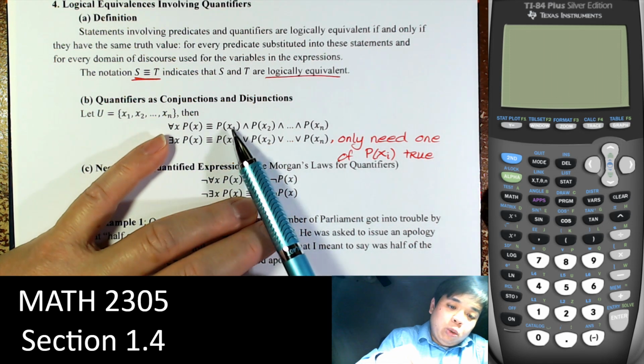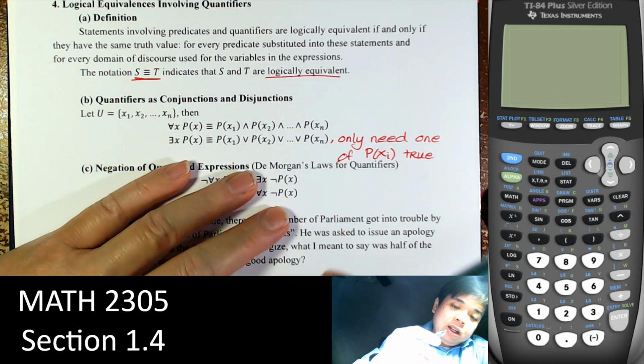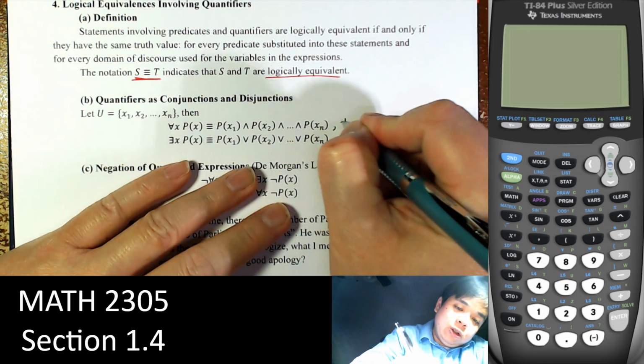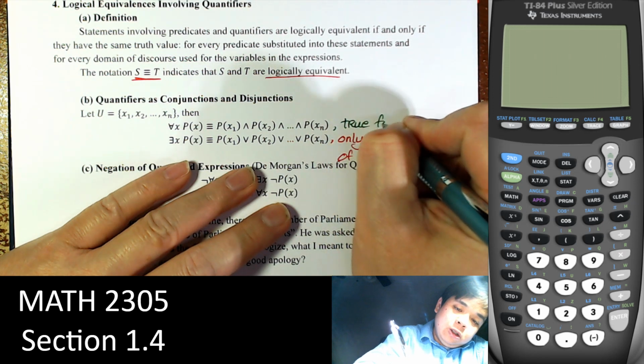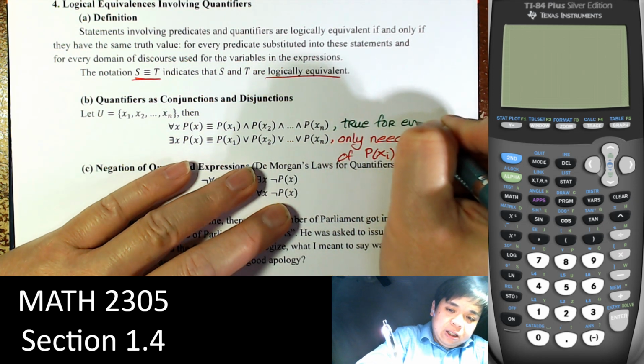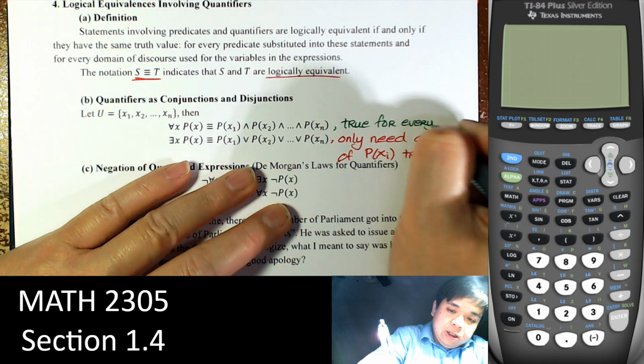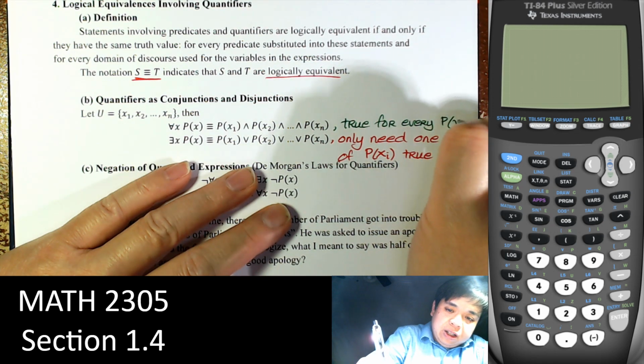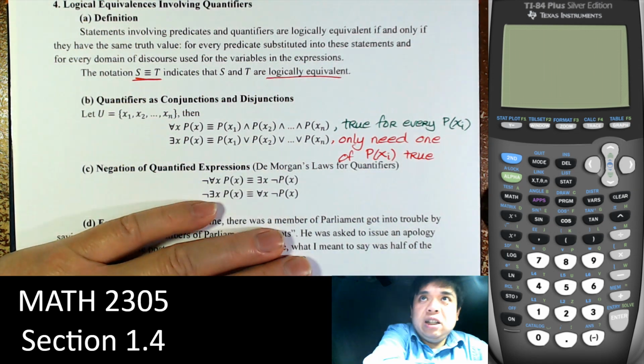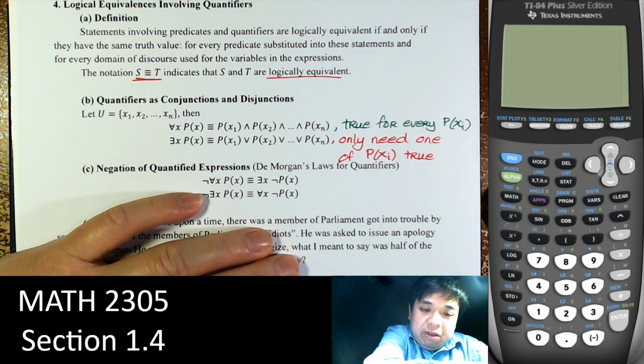Whereas when we write for every, it has to be true for every P of x, true for every value of x.